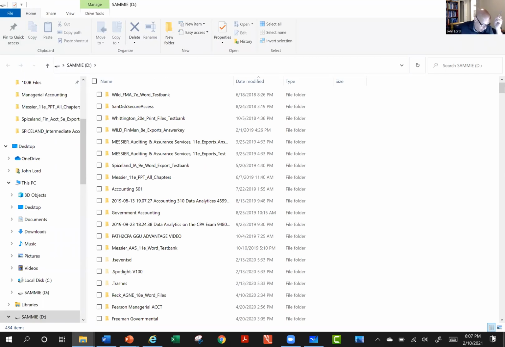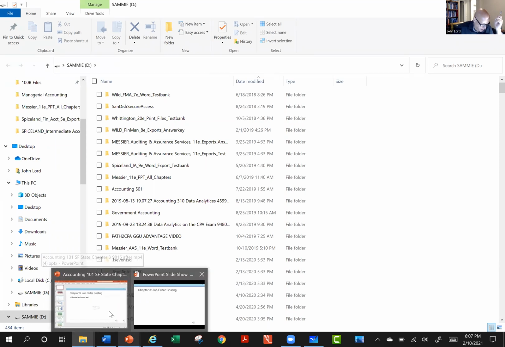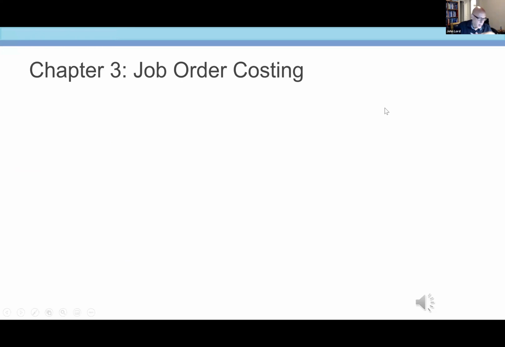In a retail entity, when I buy inventory, I'm going to debit my inventory and credit my accounts payable for something that I will then turn around and sell.